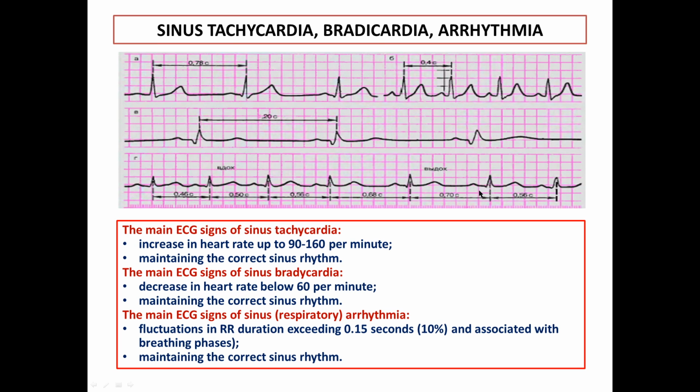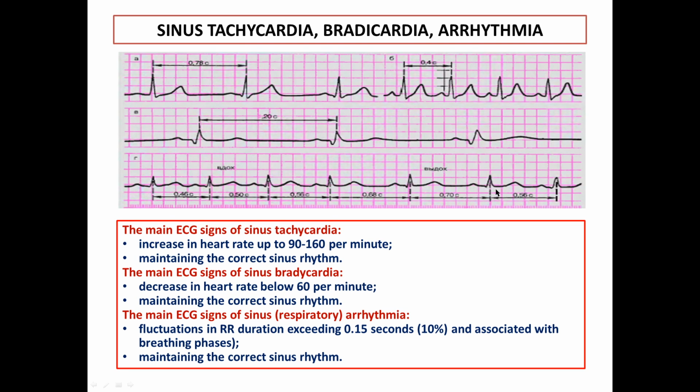Here a sinus respiratory arrhythmia is present. You see a fluctuation of RR intervals exceeding 10% associated with breathing phases. During inspiration you have shortening of RR intervals, during the expiratory phase prolongation of RR intervals, but maintaining the correct sinus rhythm, with P wave before QRS complexes.